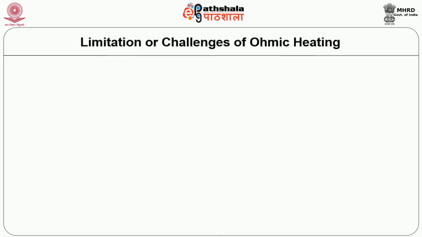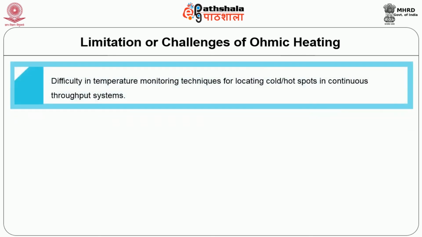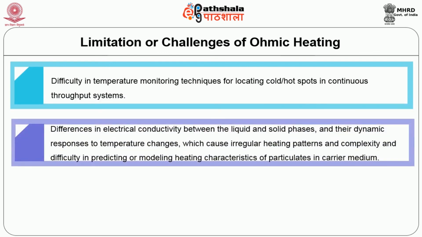The ohmic heating process has its own limitations or challenges apart from its advantages. They are: difficulty in temperature monitoring techniques for locating cold or hot spots in continuous throughput systems. Differences in electrical conductivity between the liquid and solid phases and their dynamic response to temperature changes, which cause an irregular heating pattern.